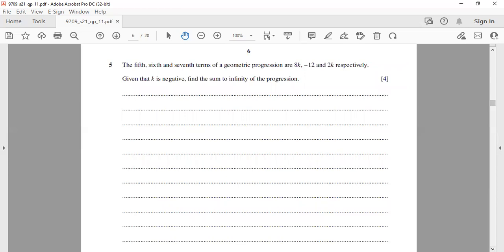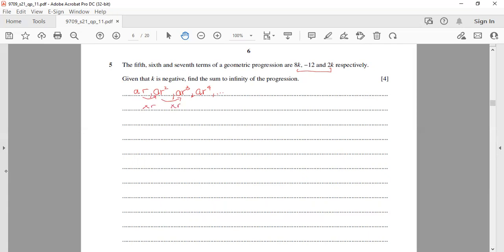Okay, so we have 3 consecutive terms of the progression of a GP. Remember that in general, a GP is represented by a, ar, ar squared, ar cubed, ar power 4, and so on. Each time, as you can see, we have a common ratio r. We are multiplying each time by r.